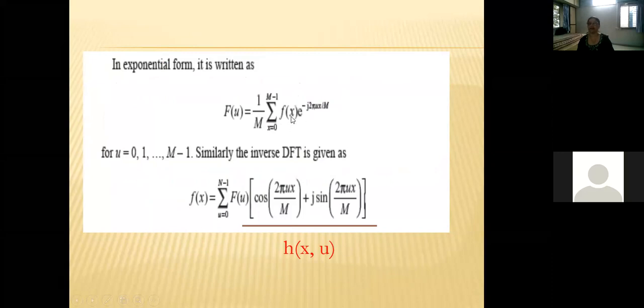Similarly, when your input vector length is m, you get m number of frequency coefficients. So m represents the number of frequency coefficients or the length of your transformed vector. Manas, is it clear to you?